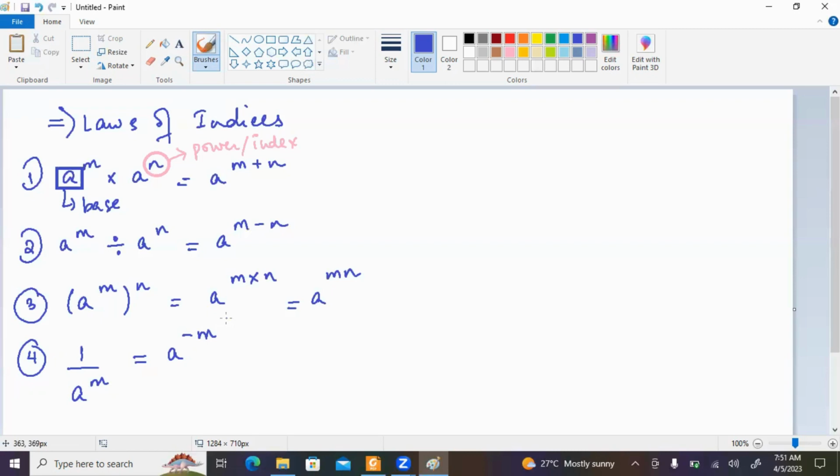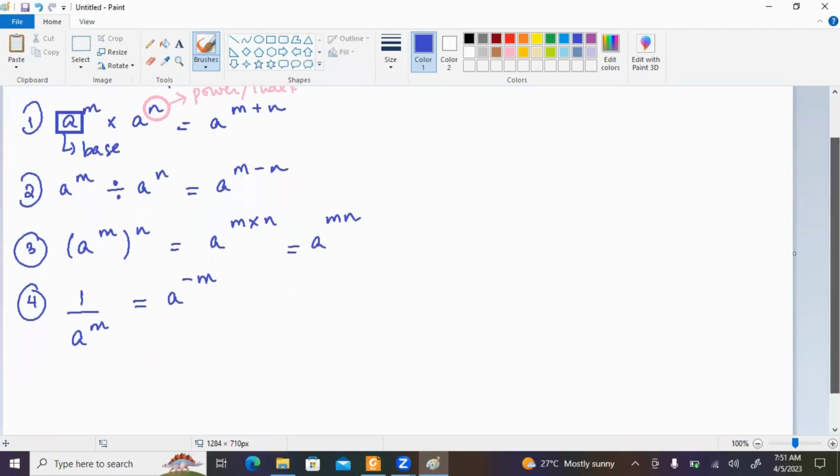Or if, for example, it's 1 over a to the power of negative m, this can be rewritten as a to the power of m. So basically, when you switch the place of the base from the numerator to the denominator or from the denominator to the numerator, the sign of the power changes.